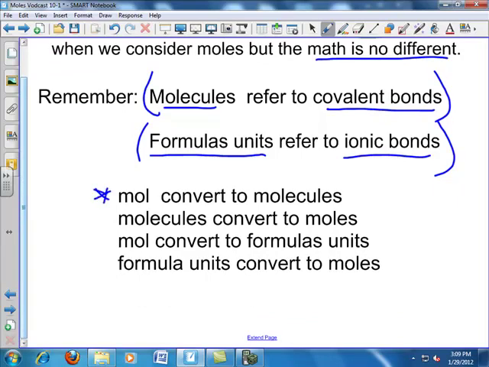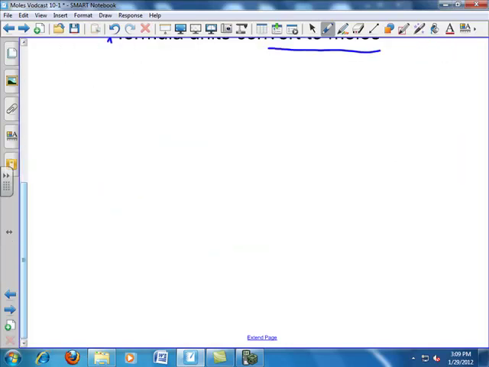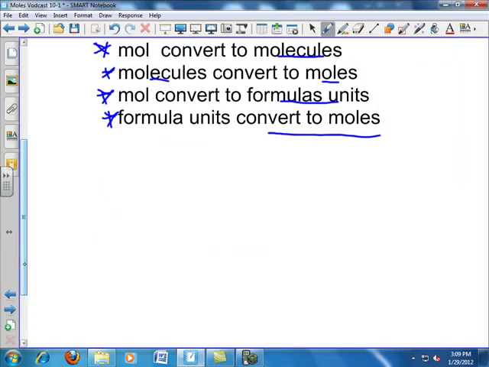So all we're going to do is, instead of converting moles to atoms, we're going to convert moles to molecules. Or we're going to convert molecules to moles. Or we're going to convert moles to formula units. Or formula units we're going to convert back to moles. The deal is it's all the same math. Okay? Nothing is actually going to change.